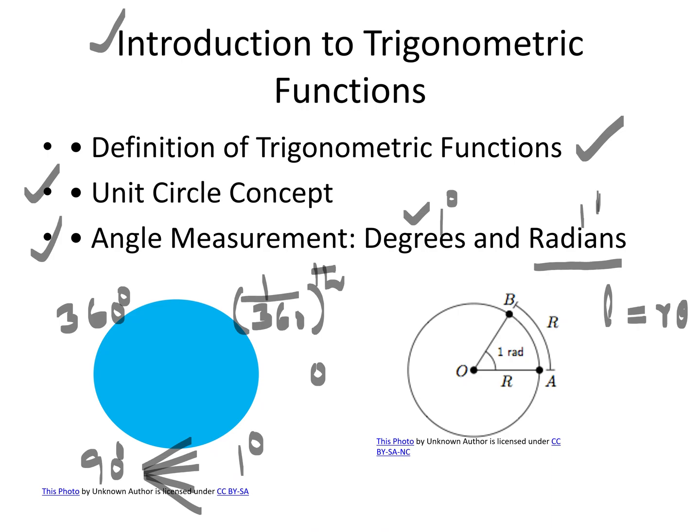If the arc length equals the radius of the circle, then R times theta is equal to R. Both are equal to R. The length of the arc is equal to the radius, so theta is equal to 1 radian.